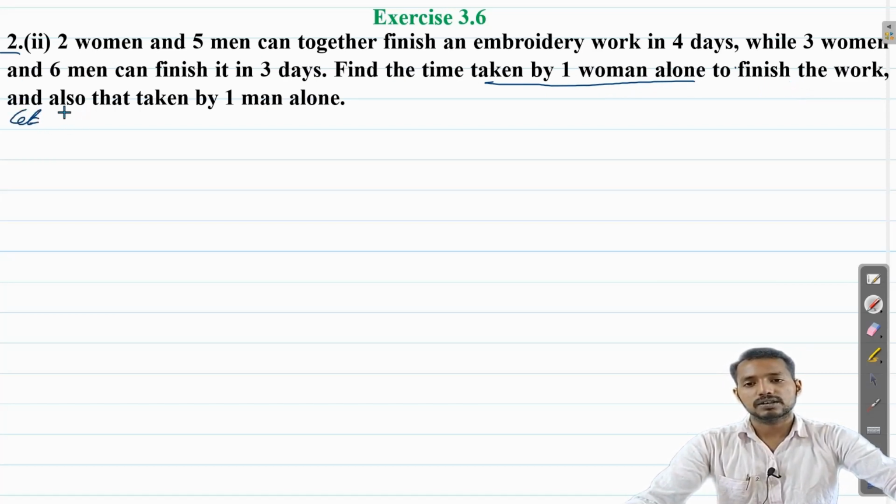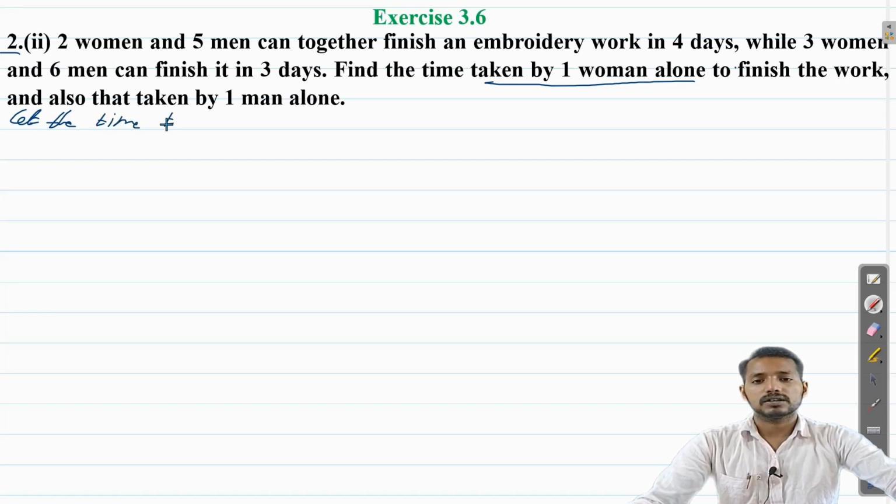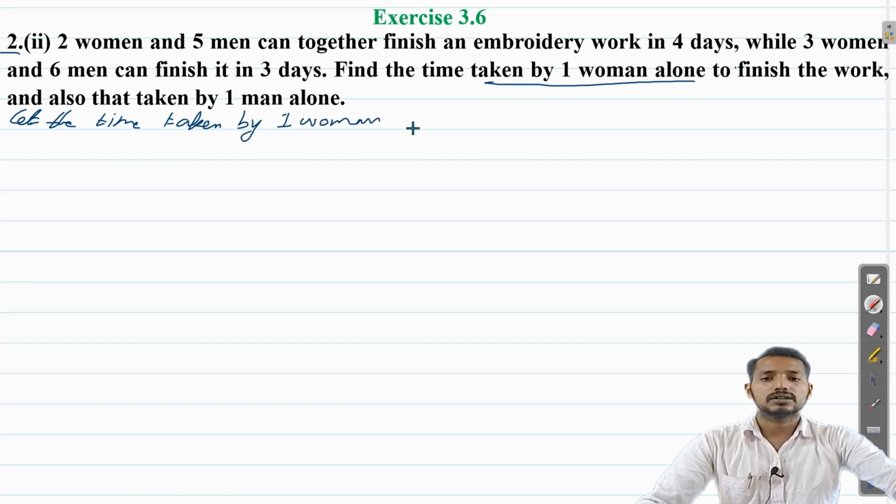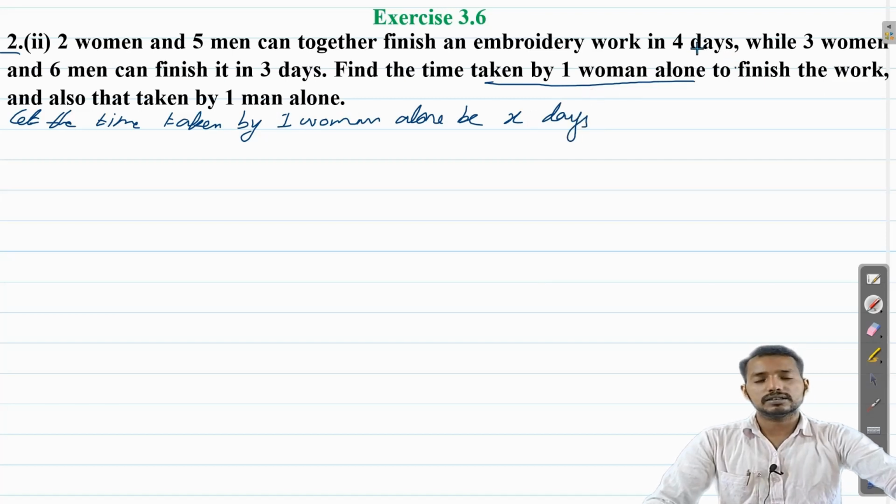So let the time taken by 1 woman alone be x days, because it is already given in days, so we are putting it as days. Similarly, the time taken by 1 man alone, that is another thing.